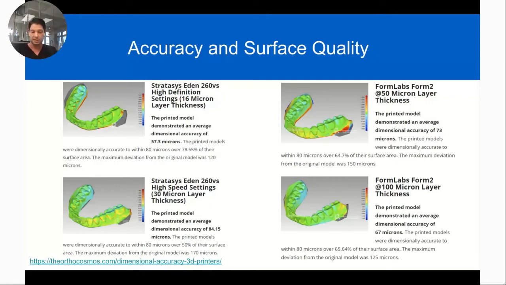As soon as it's available, and I guess it's available now, I will be going forward ordering the gray draft resin for pretty much all of my cases. It just gives me more flexibility with regard to same-day delivery and same-day retainer delivery, and then also knowing that it's more accurate than even the gray resin was, I think is just a bonus.